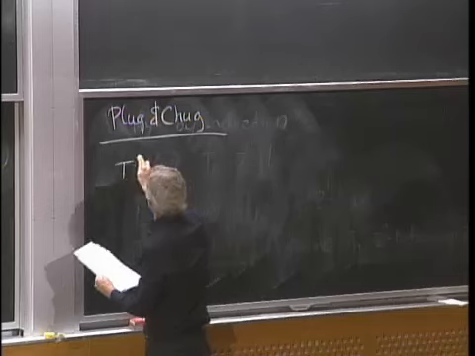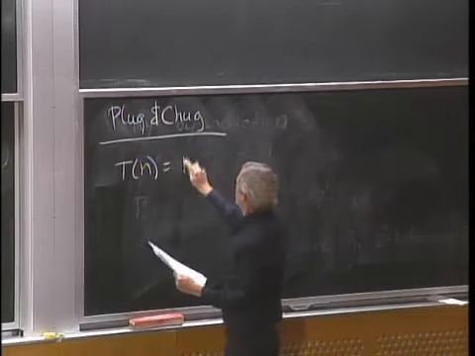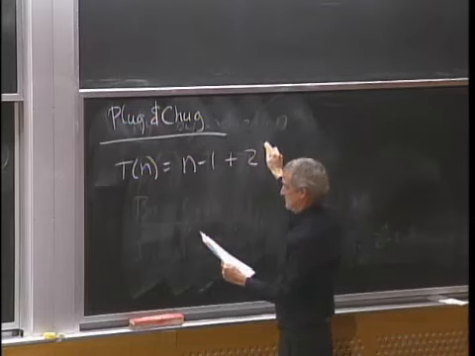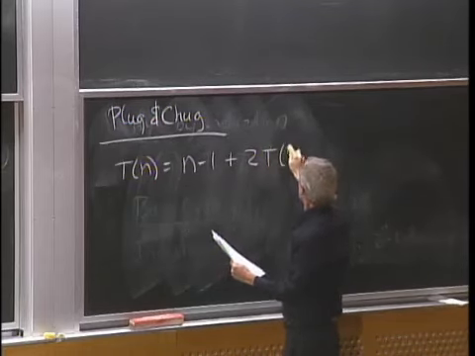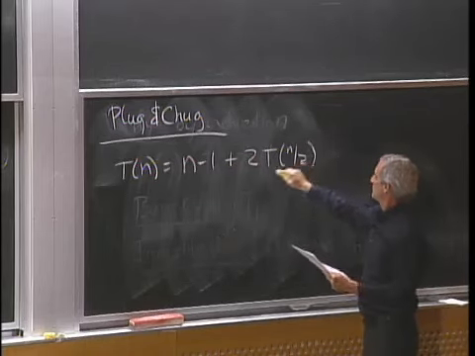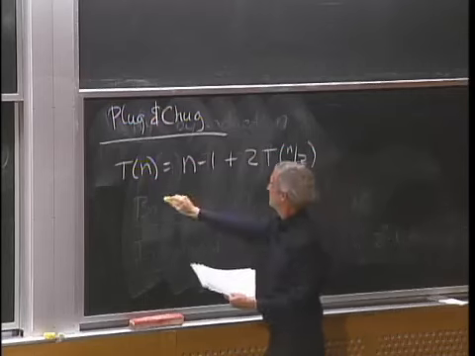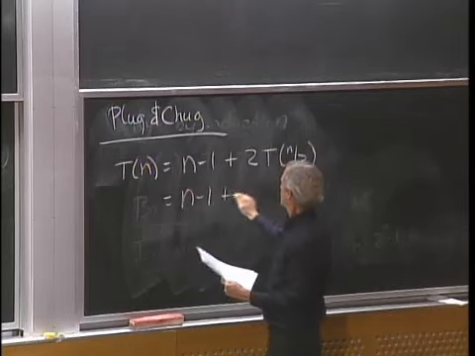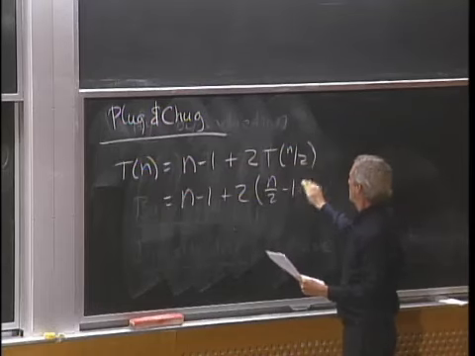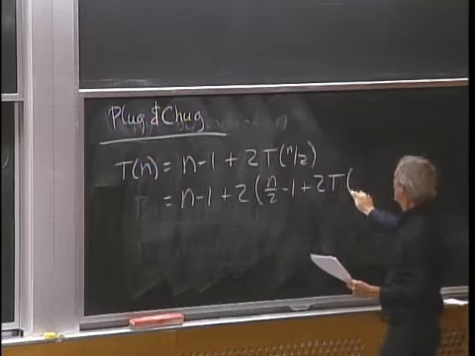So we write down T(n) is, and you always write the recurrent part last for plug and chug to keep it simpler, 2T(n/2). And then I substitute, I plug in for T(n/2). So I have n minus 1 plus 2 times (n/2 minus 1) plus 2T(n/4).